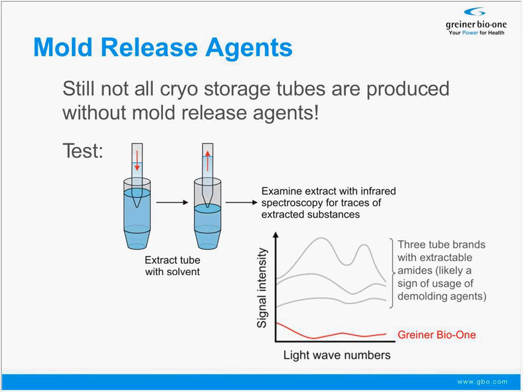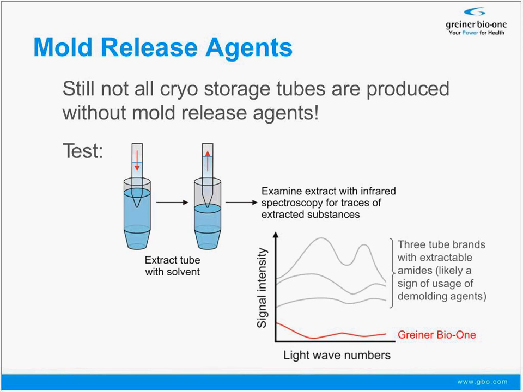So we extracted tubes with solvents over several days at defined conditions. We then took the extract out of the tube and examined it with infrared spectroscopy. The idea was to look for traces of substance that was extracted from the polymer by the solvent.